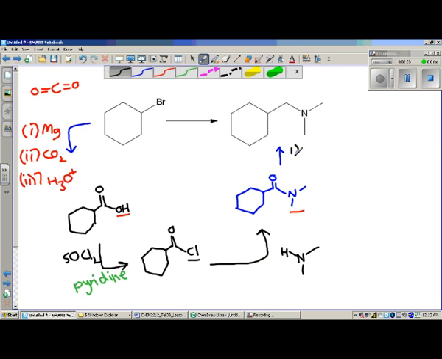And when we add in our last two steps here, lithium aluminum hydride, and then the second step of H3O plus, then you'll see that we've actually done 1, 2, 3, 4, 5, 6, 7.